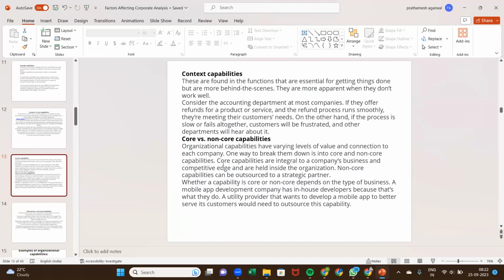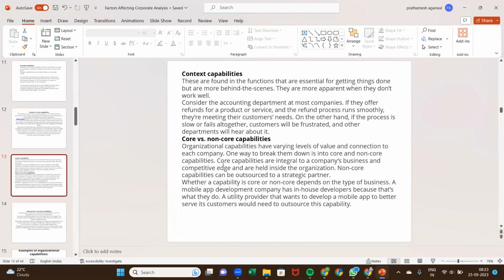Consider the accounting department at most of the companies. Now, if they offer refunds for a product or a service and the refund process runs smoothly, that means they are meeting the customer's needs. Suppose the accounting department delays in giving the refund to the customers.